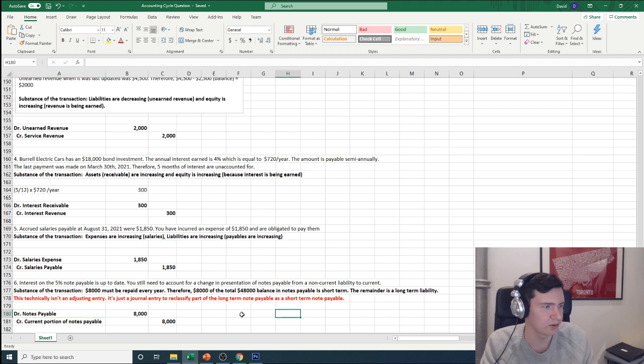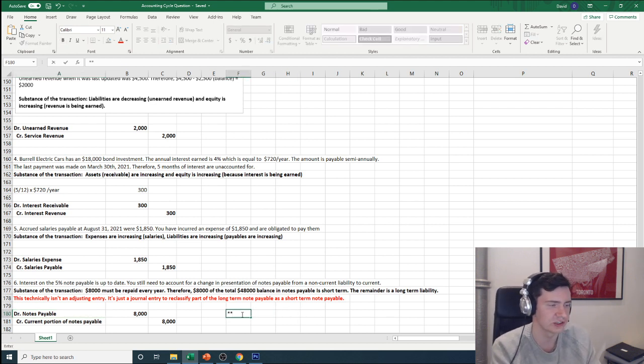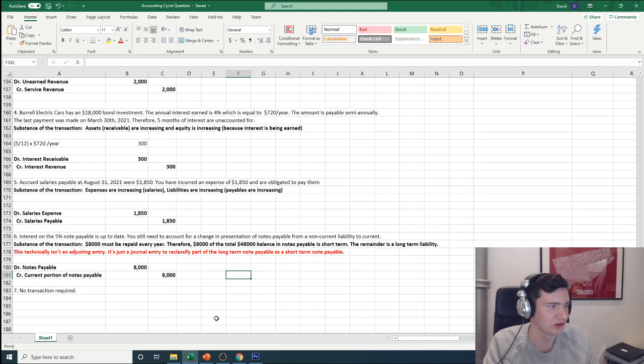And it's not really an adjusting entry, because an adjusting entry is either a prepayment / deferral, or it's going to be an accrual. So, this one was just meant to throw students off.